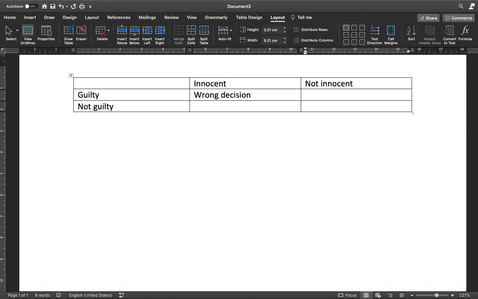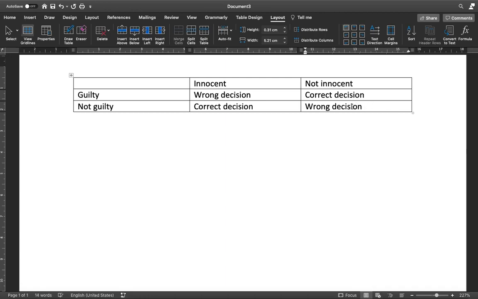A correct decision. What if the person is innocent and is pronounced not guilty? Correct decision. And then the last one, innocent, it's wrong. So it's a wrong decision.